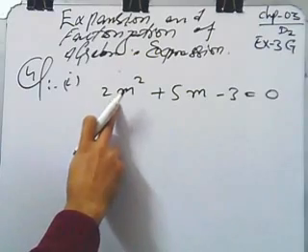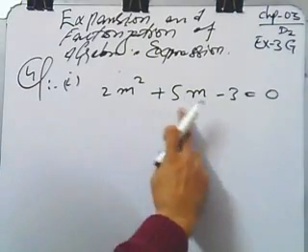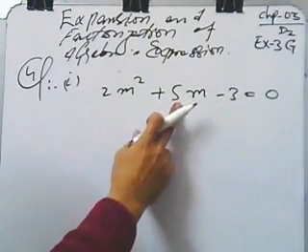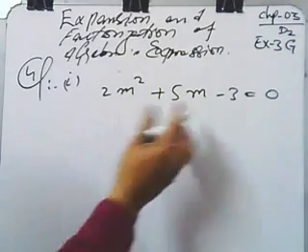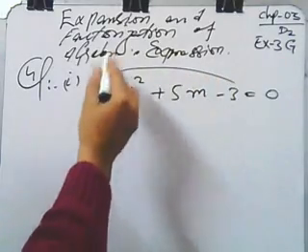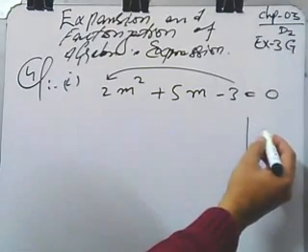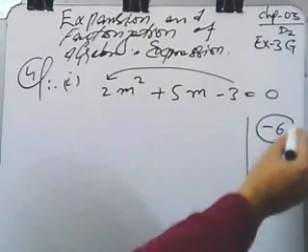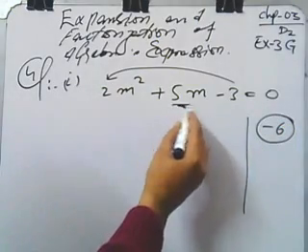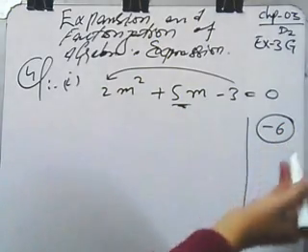If it is not 1, then as a second step we should try to take common, but it is odd, we cannot take common. So the third step is to keep in mind that after multiplication you will get minus 6 and after addition or subtraction you will get 5. So only one factor pair can be made.